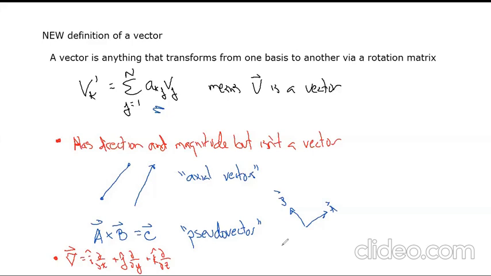So those will be vectors as well. So any questions about any of that before we go through an actual example with actual numbers that are actually useful? Okay.